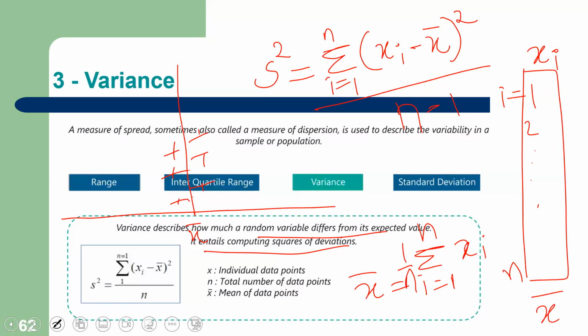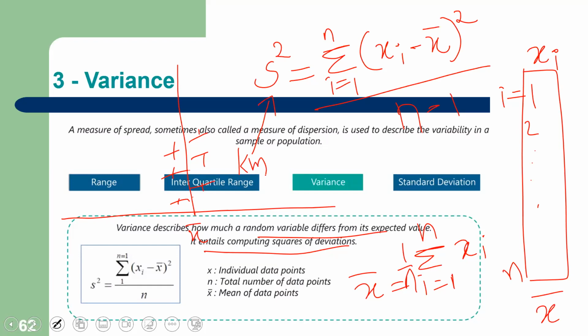Do you see this? What happens when I'm doing this, s square, is squaring again, right? So what happens here? Take the unit, for example. Think that I'm calculating a certain distance, maybe in terms of kilometers.